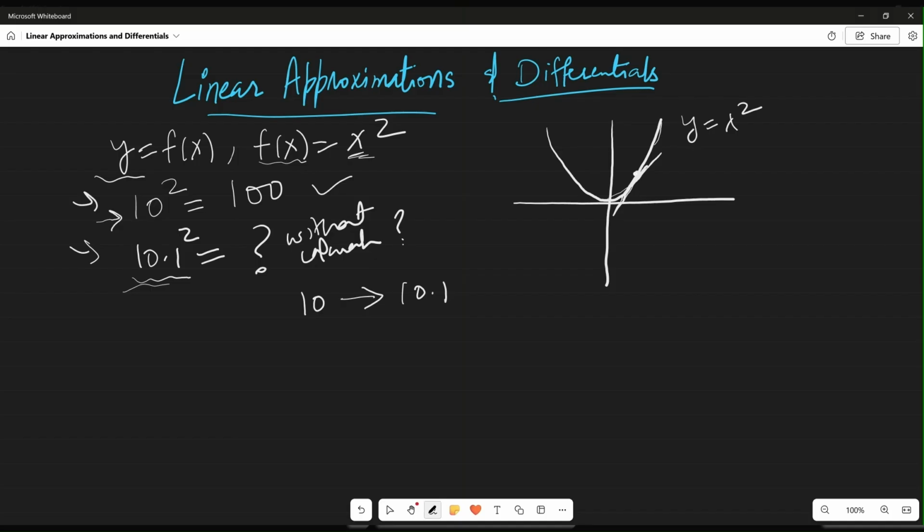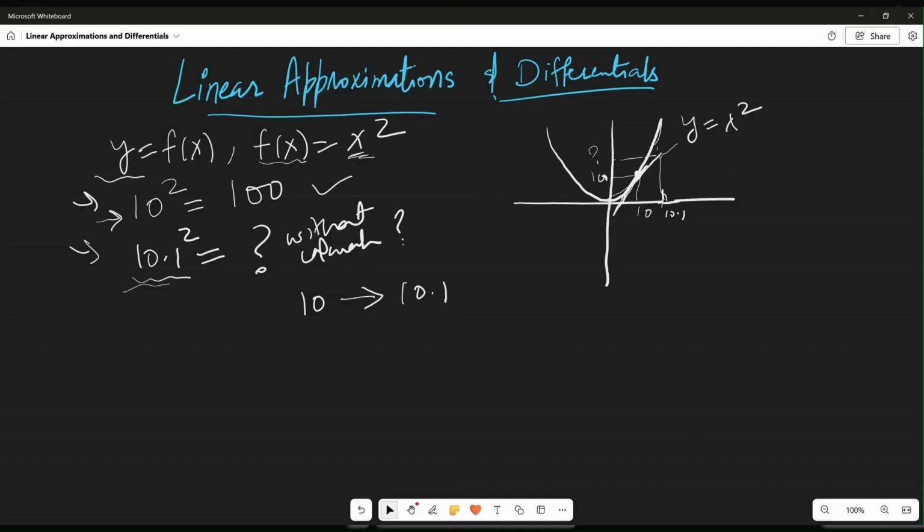For example, this point here where we were standing is at 10 and this is 100. But now we would like to know what the value is here. Okay, not a straight line. So how do we do that?